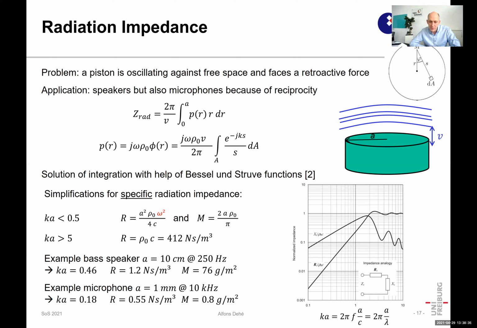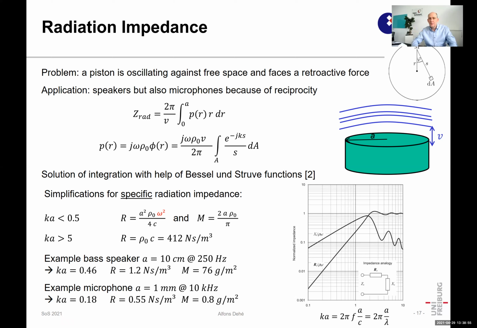So meter square is of course not a good relation, but you finally have to check whether this mass is relevant with respect to the physical mass of your tiny diaphragm. And since the diaphragm is also only 100 nanometer thin, you have to check this finally.